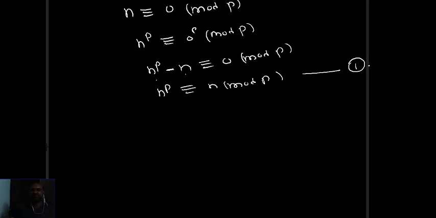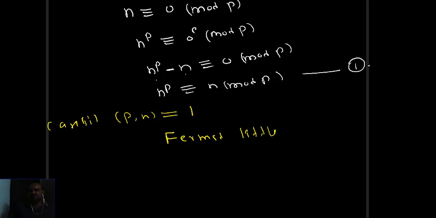Case 2. What is the case? P, n are co-primes. From Fermat Little theorem, what is that?